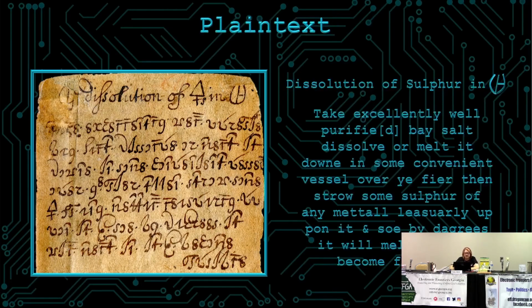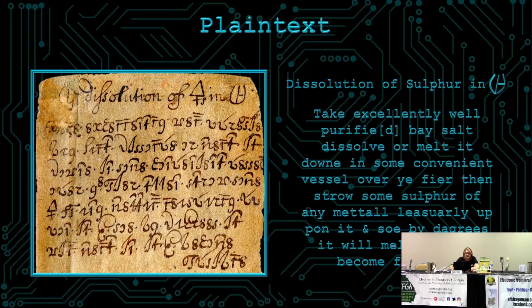And this one came out to be, the title came out to be Dissolution of Sulfur in Something. And if you look at the actual parchment, dissolution of, and then you have the triangle with a plus under it, that's the chemical symbol they used for sulfur, in, and then they had a different symbol, and that was kind of the secret of this particular recipe of what it was being dissolved in.